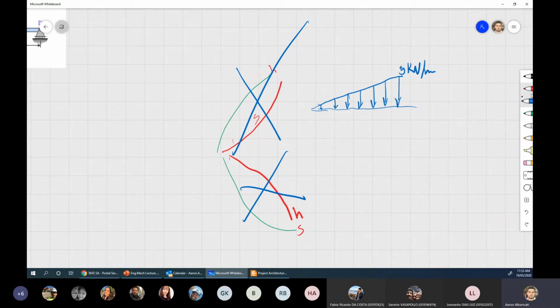This 5, is it positive or negative, guys? That's the first thing you need to know. It's negative. We just agreed that all the forces acting down are negative. Always keep that in mind, please. Okay? So we know it's negative.